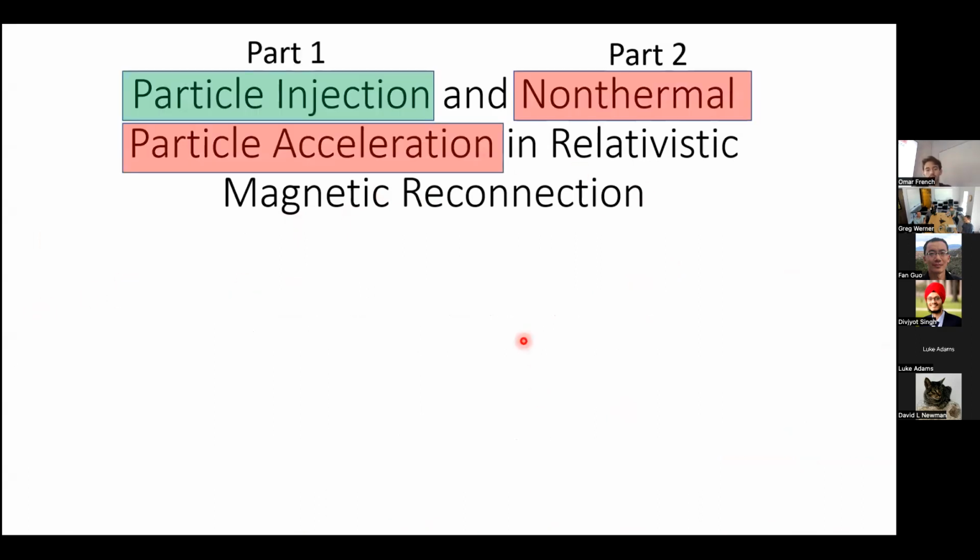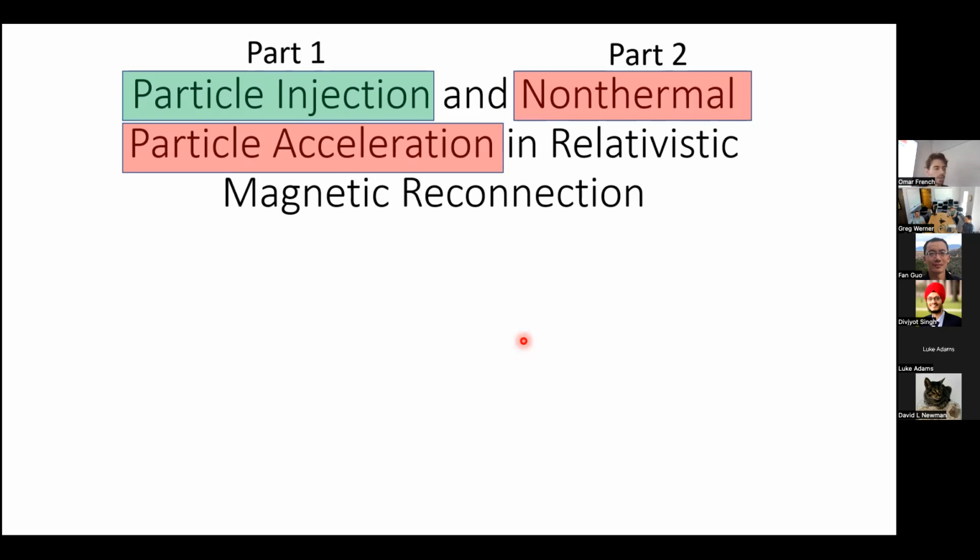Okay. So we'll be organizing this talk into two parts. The first part will be on particle injection, and the second will be on non-thermal particle acceleration. Before I define these terms, however, we will briefly have an overview of what relativistic magnetic reconnection is, including some of the astrophysical systems in which it's present and some of the fascinating theoretical challenges it poses for us.